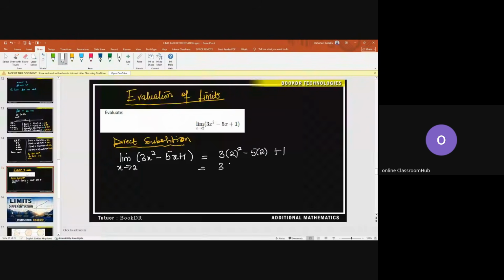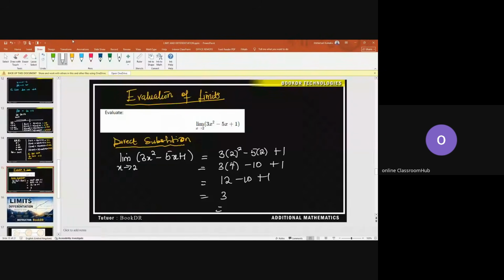So this should be 3 times 4, since 2 squared is 4. And this will give us minus 10. And this plus 1. Then this will give us 12 minus 10 plus 1. 12 minus 10 is 2, plus 1 will give us 3. So we're able to evaluate this by using the direct substitution approach.